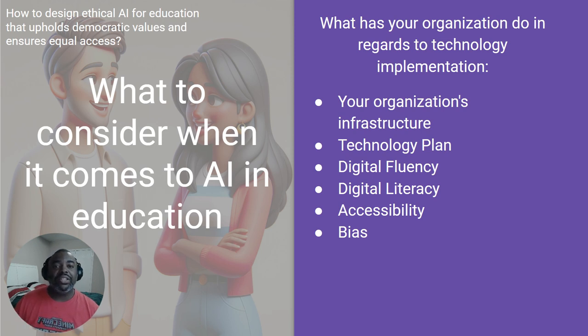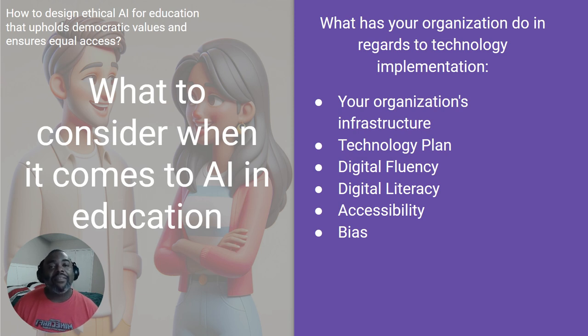What has your organization, institution, done in regards to technology implementation before you instituted AI? Have you looked at your organization's infrastructure? What has your technology plan looked like so far? Sometimes when you look at our technology plan, it hasn't been updated quite frequently. Have you discussed in your organization or institution's digital fluency and digital literacy? What about accessibility? How has that been handled before AI has been introduced?